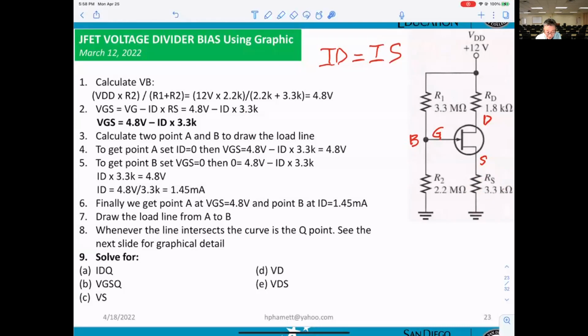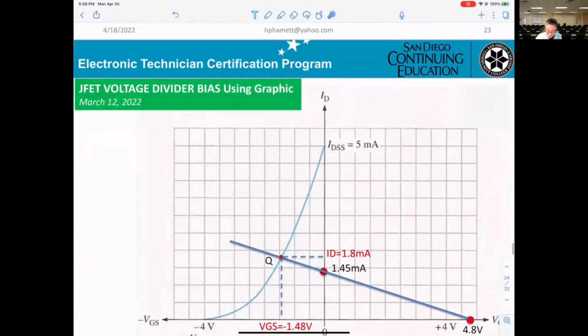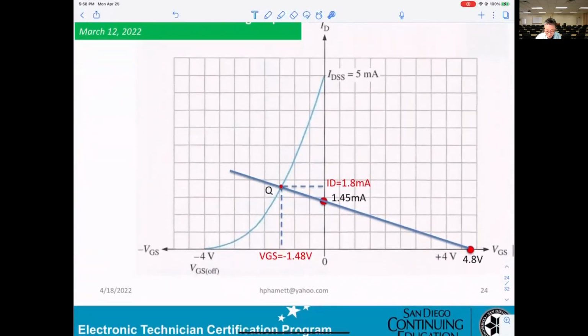And that's how you can get the VGS. But the thing is you need the ID. So, same thing, you use the graphic. This is the graphic here, given to you.